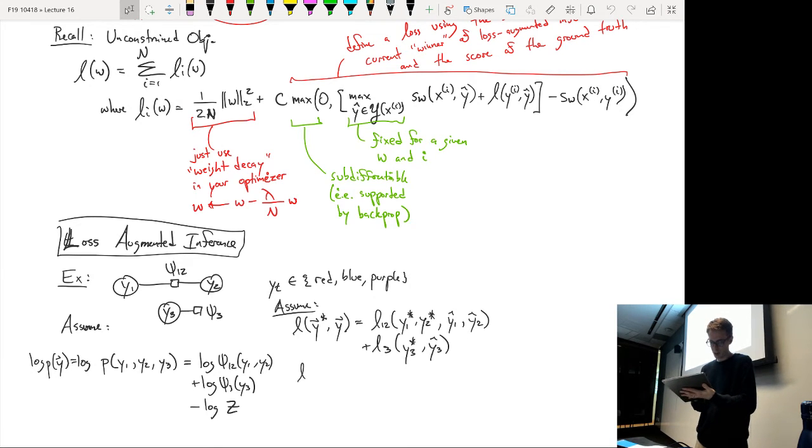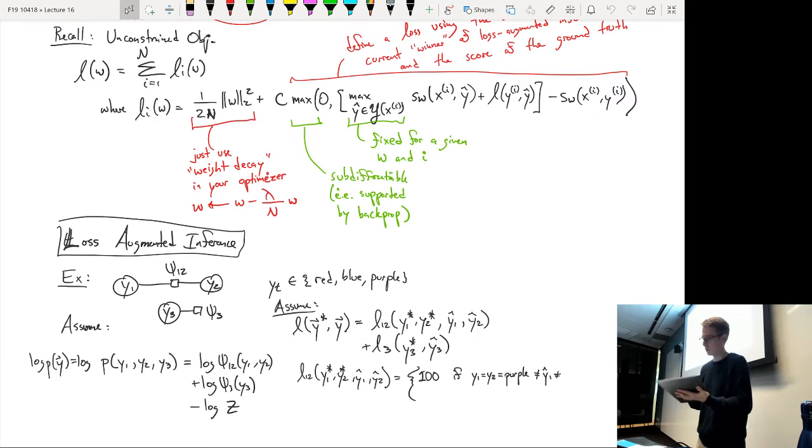So L of 1, 2, which takes in y1 star, y2 star, y1 hat, y2 hat, is defined as a loss of 100 if y1 equals y2, which equals purple, and that is not what y hat 1 and y hat 2 equal.